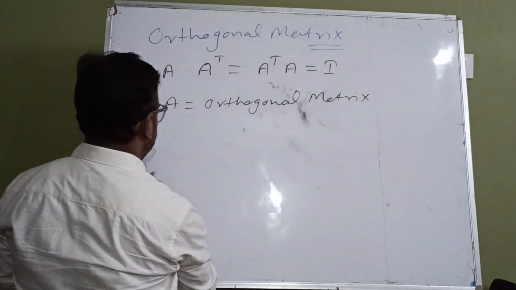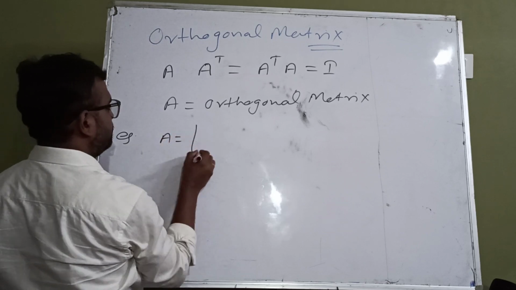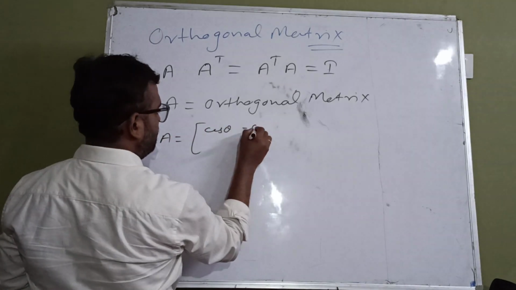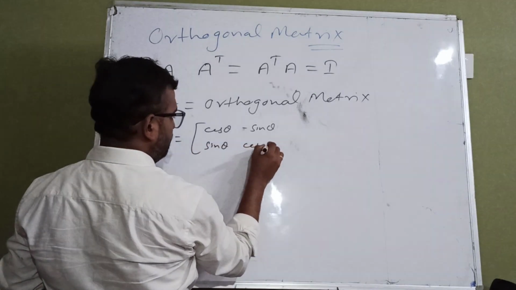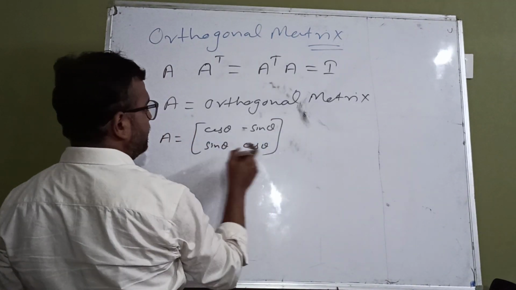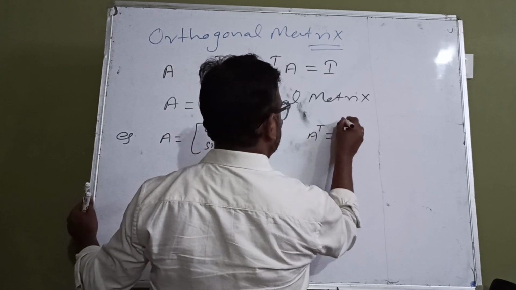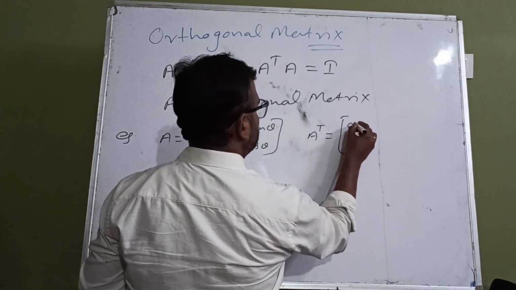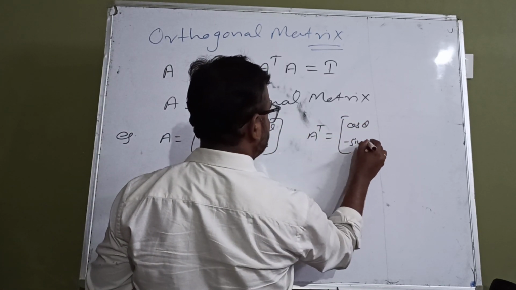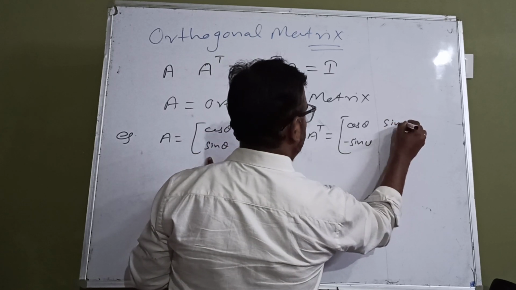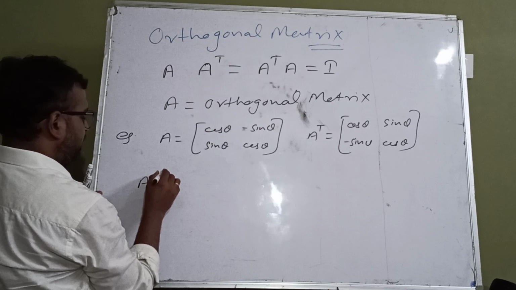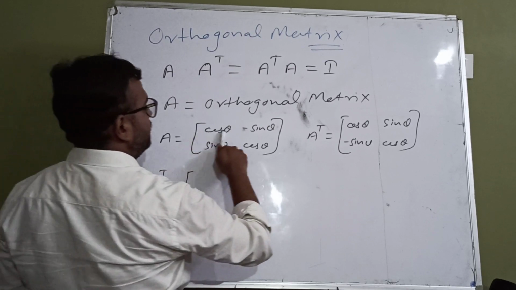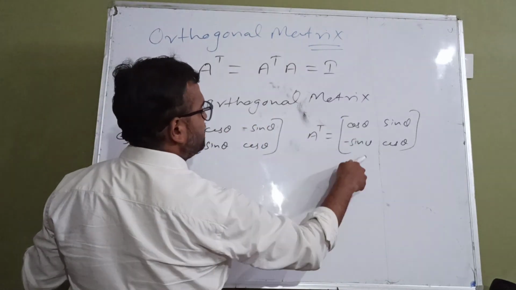A is equal to cos theta, minus sin theta, sin theta, cos theta. If A is there, then find A transpose. Then find A into A transpose. First matrix first row, second matrix first column.